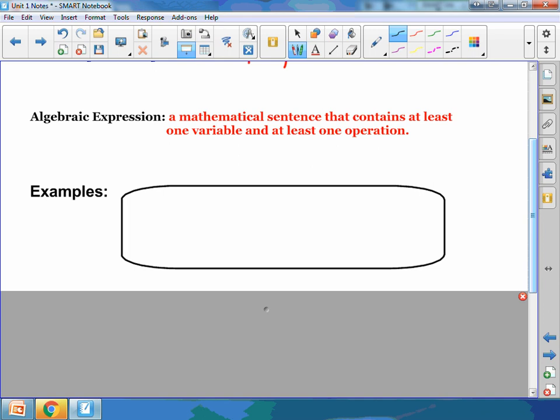I'm just going to scribble down some examples of algebraic expressions. There are an infinite number, of course, but since it has to have a variable and at least one operation, I could say something like n plus 3. 12 divided by x plus 9, something like this.